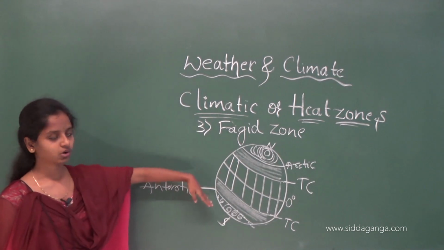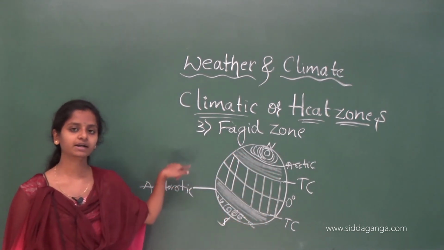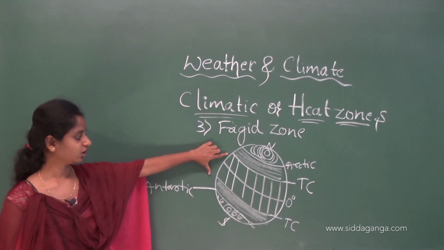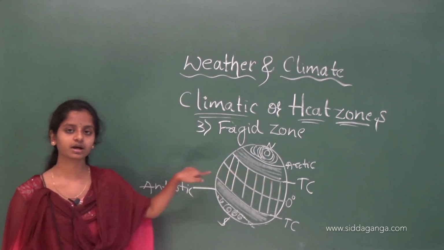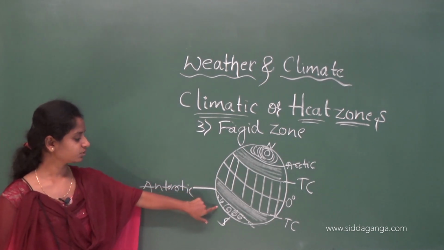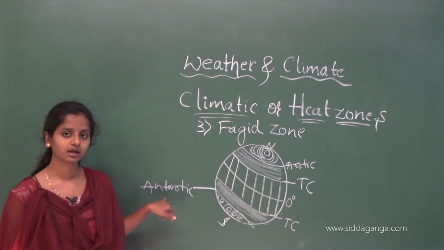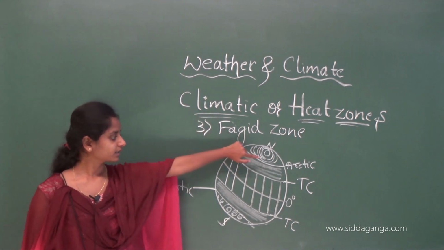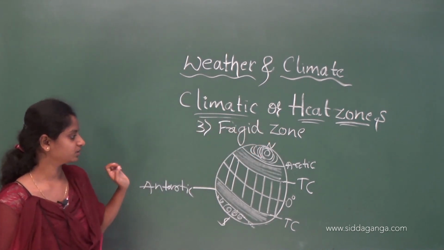So, here all the three zones are there. The whole Earth is divided into three zones. They are the Torrid Zone, which is between the Tropic of Cancer and the Tropic of Capricorn, and the Frigid Zone, that is between the Antarctic Circle and the South Pole in the southern hemisphere, and the Arctic Circle and the North Pole in the northern hemisphere.